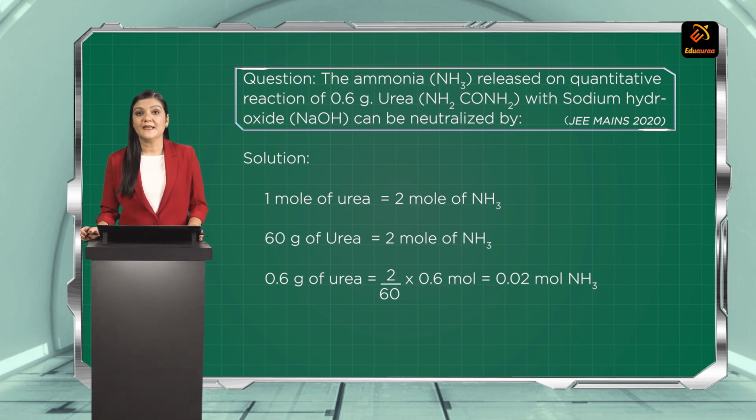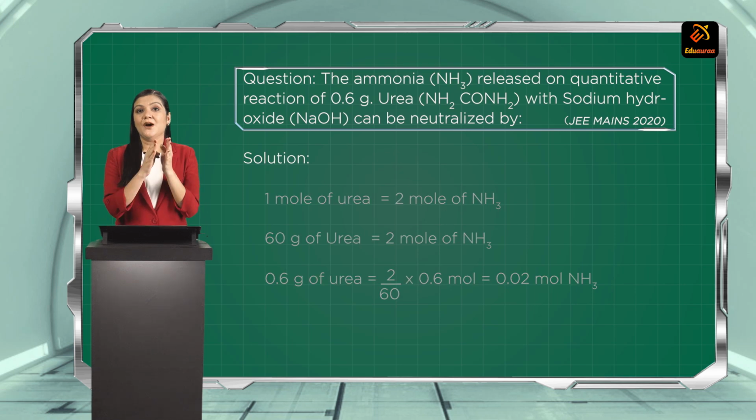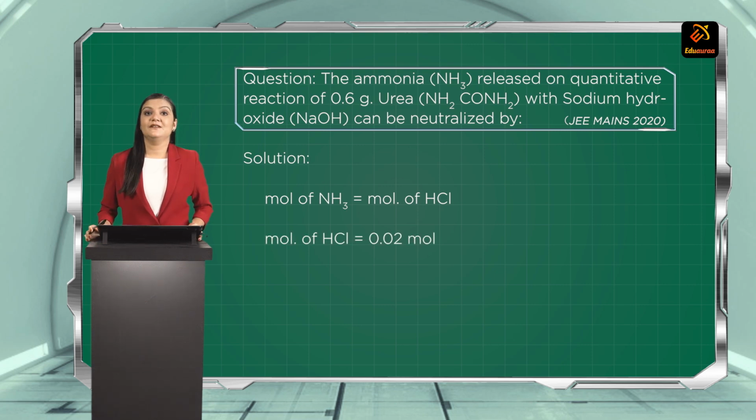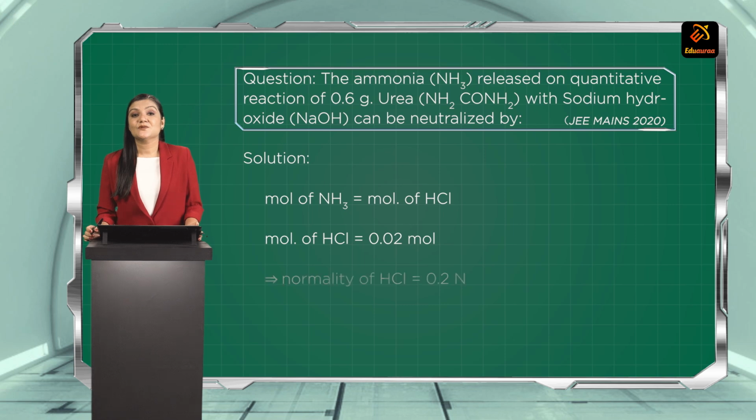0.02 moles. Now we have to relate ammonia with HCl. Moles of ammonia is equal to moles of HCl. Therefore, moles of HCl will also be equal to 0.02. Normality of HCl will be equal to molarity. So, normality of HCl is equal to 0.2 normal.